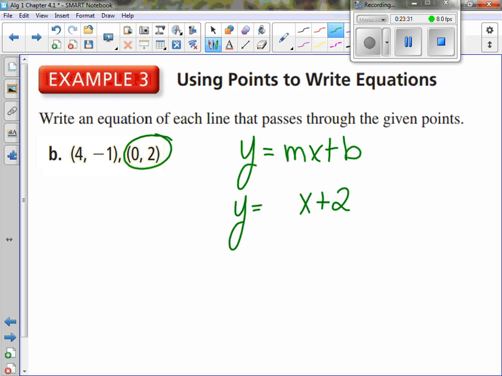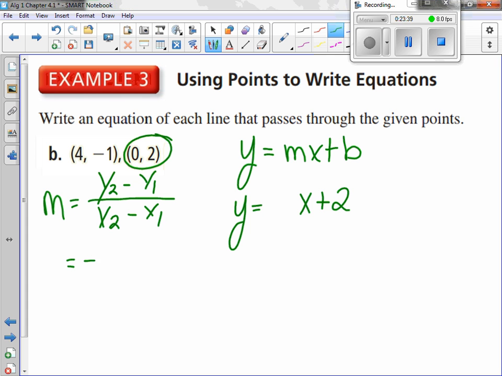So since we're missing the slope, we'll set it up as m is equal to y2 minus y1 over x2 minus x1. Now what are our two y values? So we can do negative 1 minus 2.